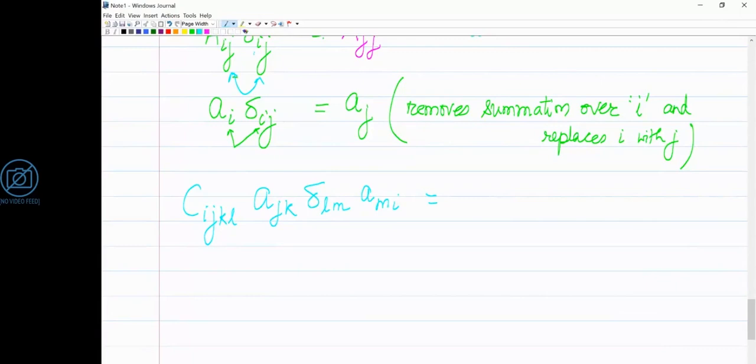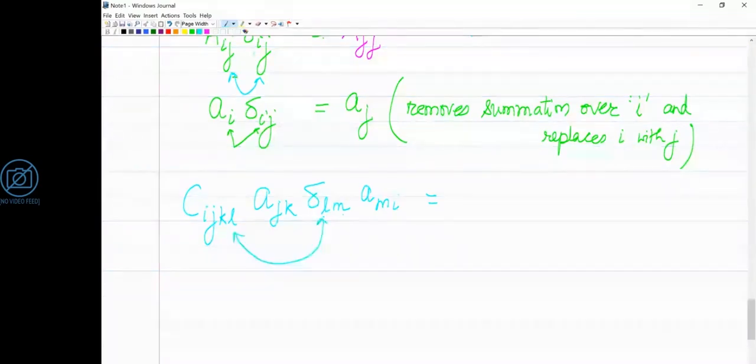Now, I have to think, what is this going to become? So there are two ways to proceed. In this Kronecker delta, both l and m are repeating, so you can proceed by choosing either l or m. Suppose I see that l is repeating here, so there is a summation over l.